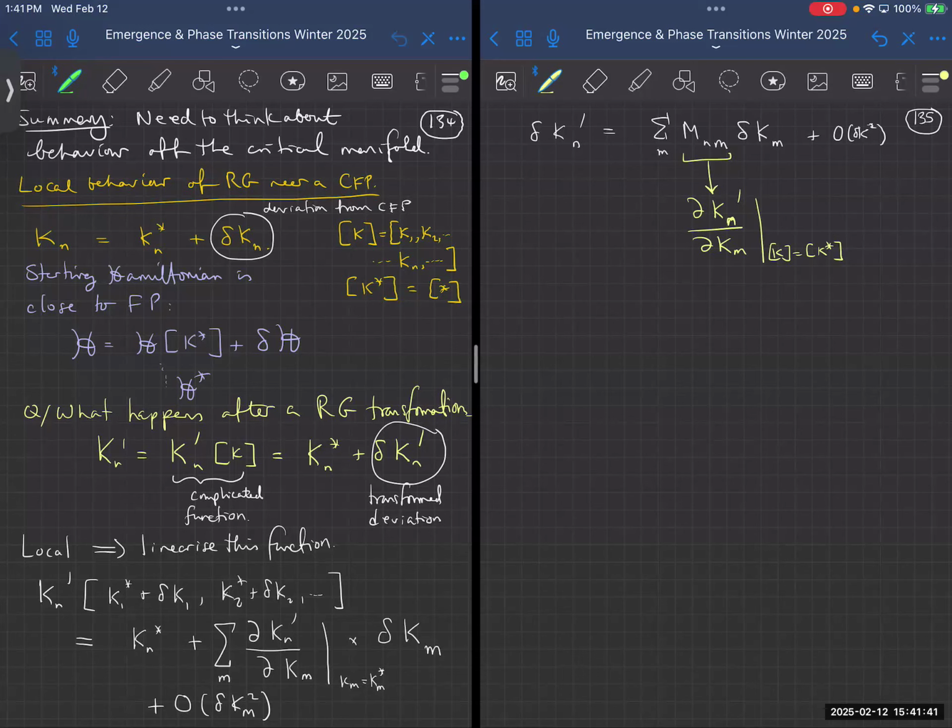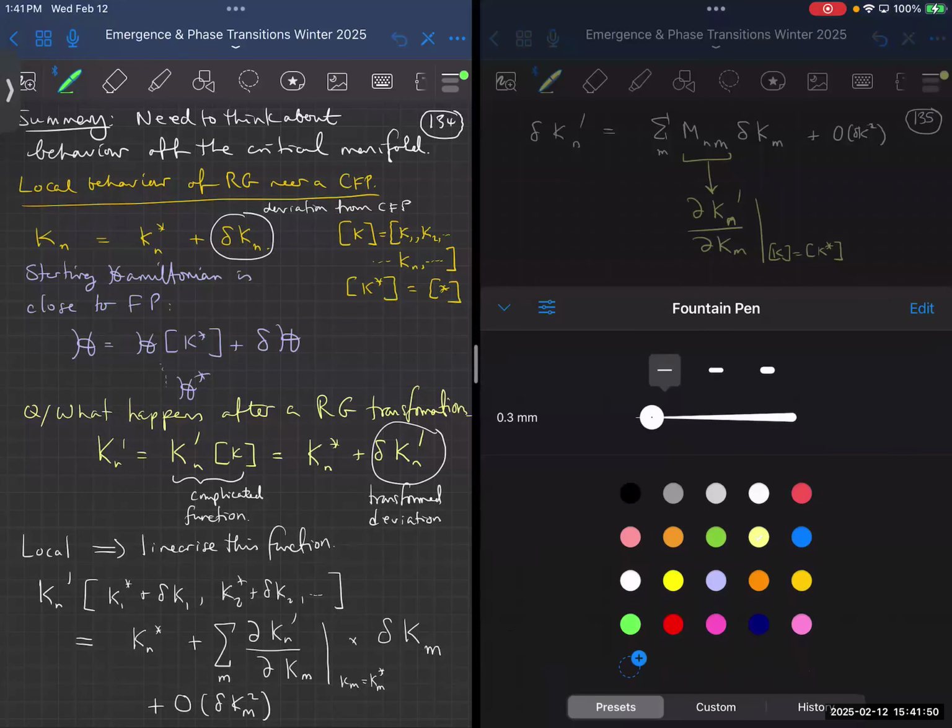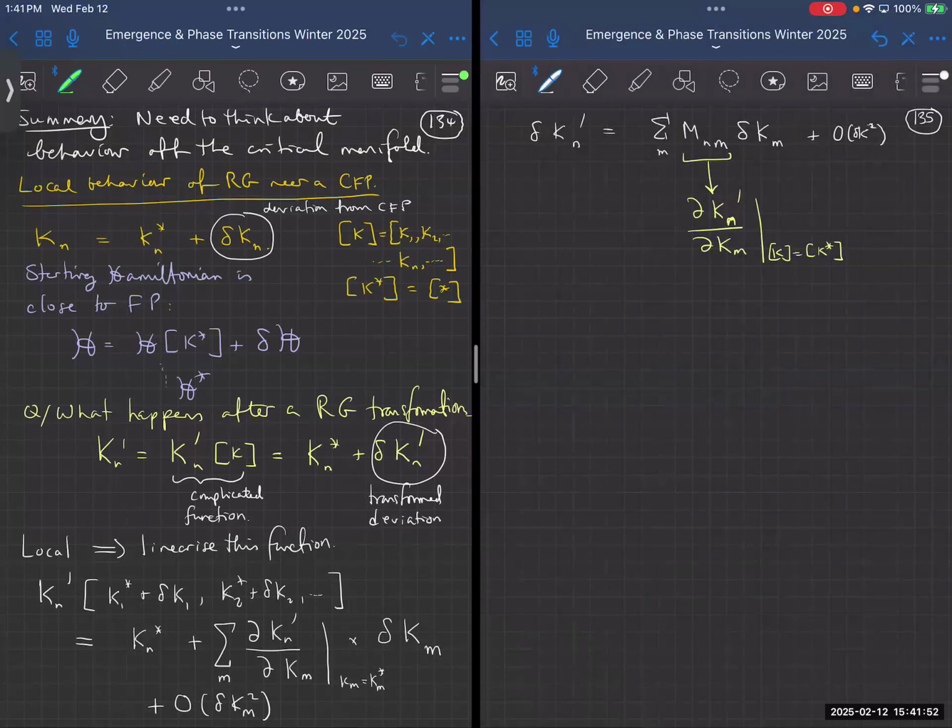So that's what this thing is, and so it's just a matrix. And you might say, okay, well, this is really simple, but it's not necessarily simple, because this matrix doesn't have to be symmetric. It can be a very complex matrix, and we don't know what it means.